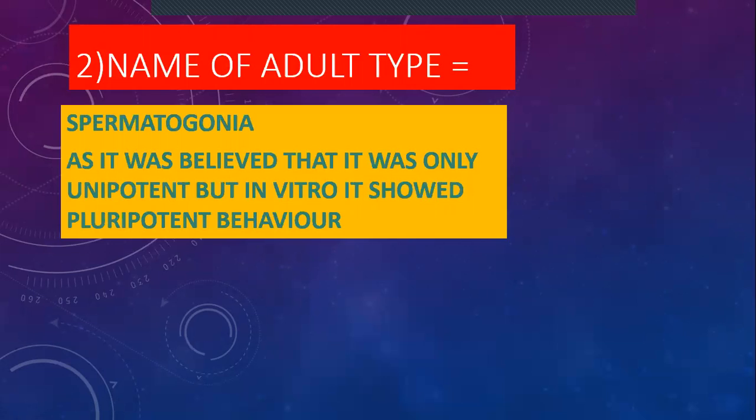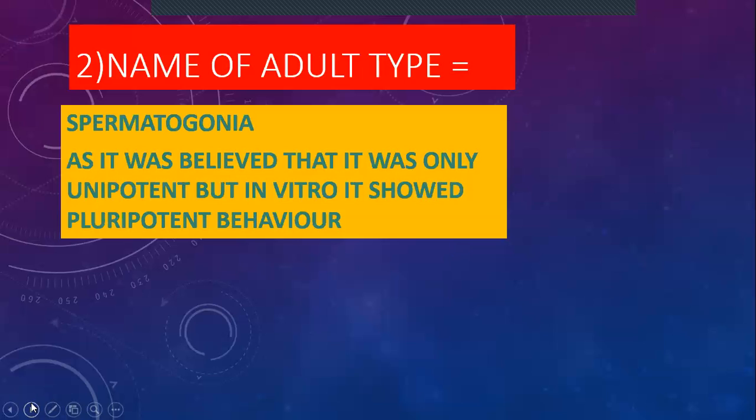I will explain this in more simple words. Where did you come from? From mom and dad, right? So one sperm and one ovum makes whole human body, all tissue types. So it means the origin of the stem cells are already existing in testicles and ovaries.